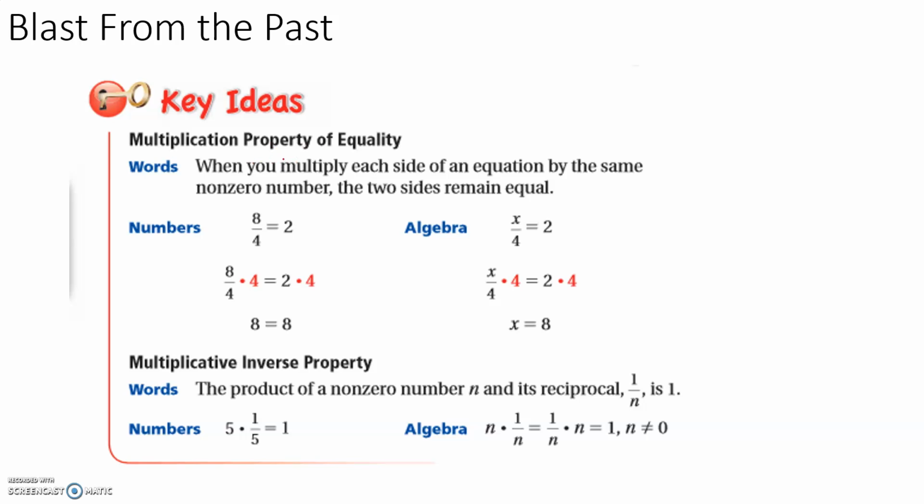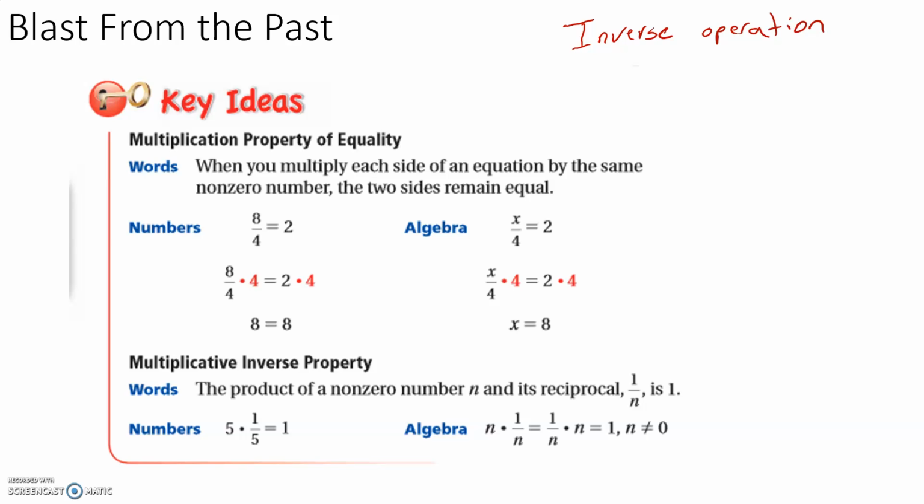The two words I want you to always remember when solving equations and inequalities are inverse operations, because whether it's division, subtraction, or multiplication, equation or inequality, we always isolate the variable by doing the inverse operation.